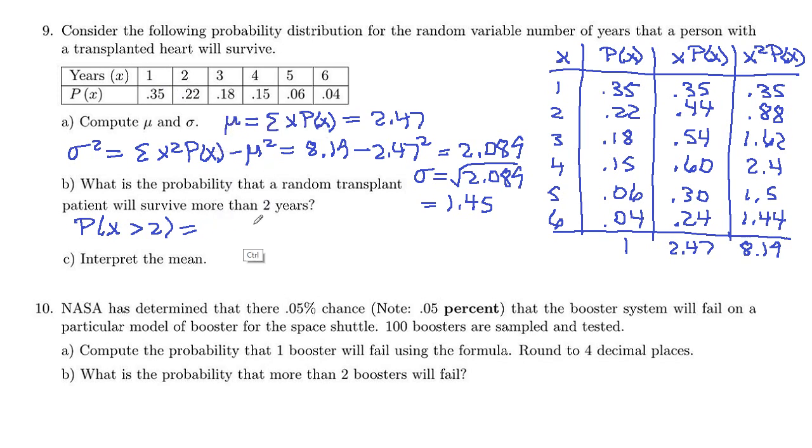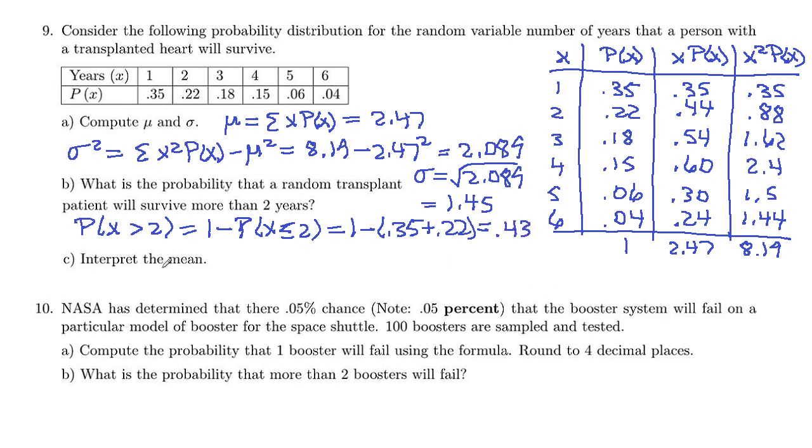Could add these 4 probabilities, or you could say, well, that's 1 minus the probability that x is less than or equal to 2. So that'll be 1 minus, and then probability x is less than or equal to 2 is 1 or 2, so 0.35 plus 0.22, which is 0.43.